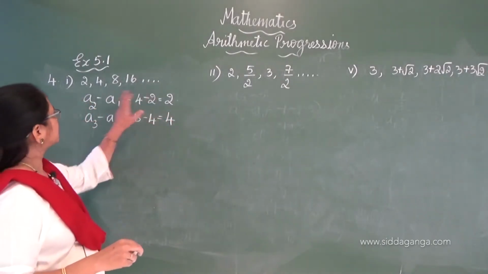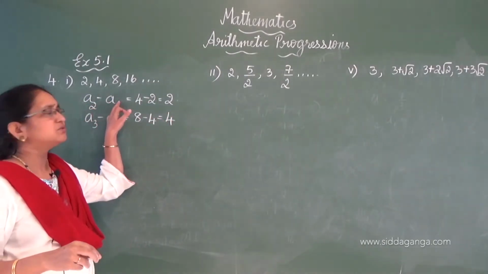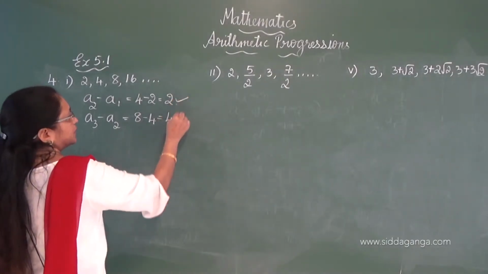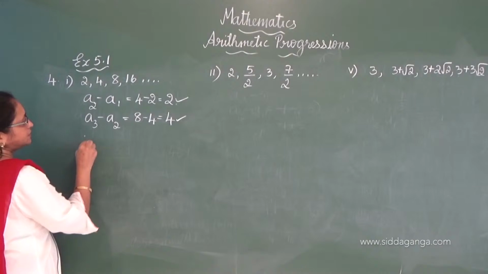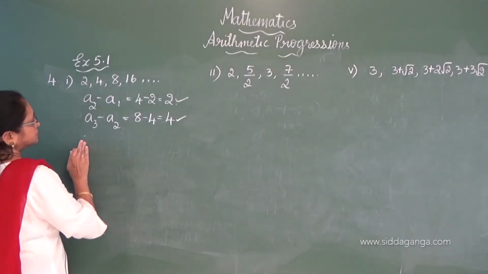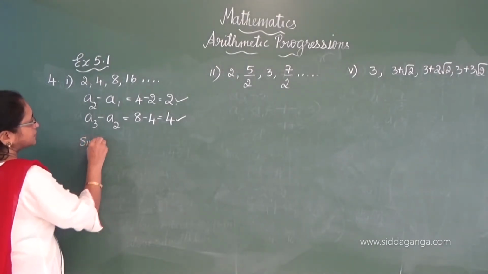See, you can't come to the conclusion with A2 minus A1 only. Here it is 2 and here it is 4. So, therefore, what can we write?